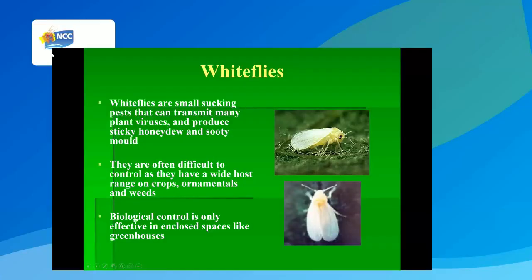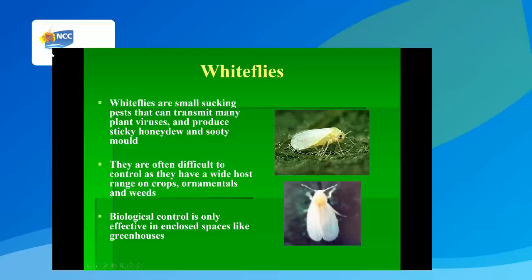And in addition to the actual physical damage that they do to the plants, they are transmitters or vectors of a wide range of plant viruses. There are, I think, at least 31 different species of Gemini virus that these whiteflies can transmit and cause a lot of problems.